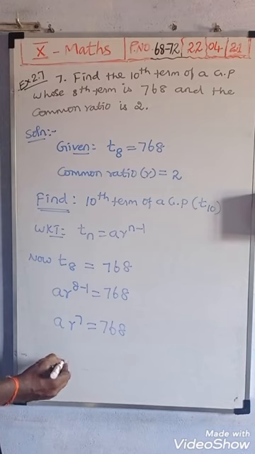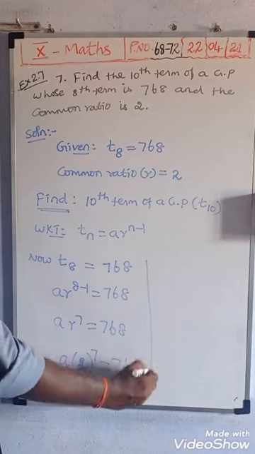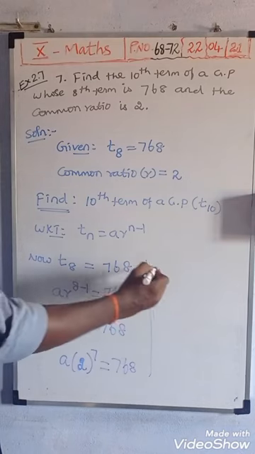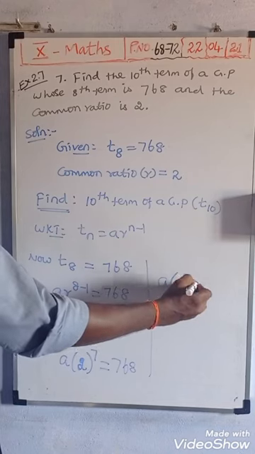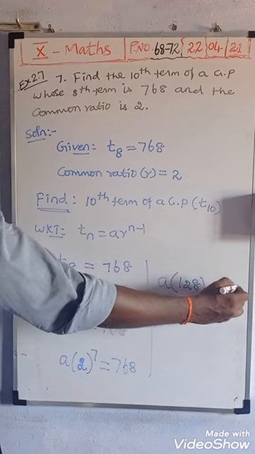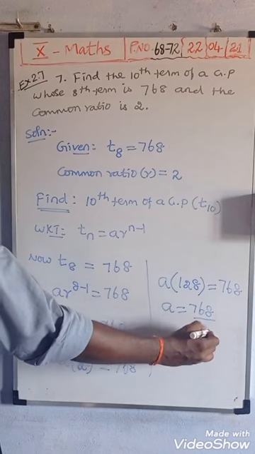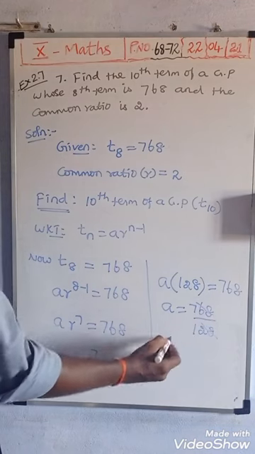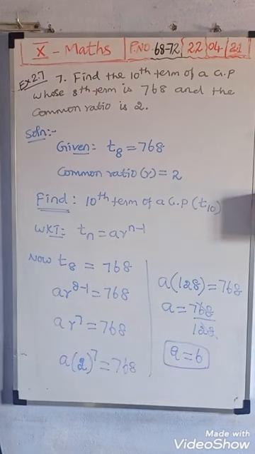We know the value of r is 2, so 2 power 7, which means 128. Multiplying 2 seven times, we get 128. So a into 128 is equal to 768. Now we need the value of a, means 768 divided by 128. So this 128 will go down, and you cancel. We will receive the answer a is equal to 6.